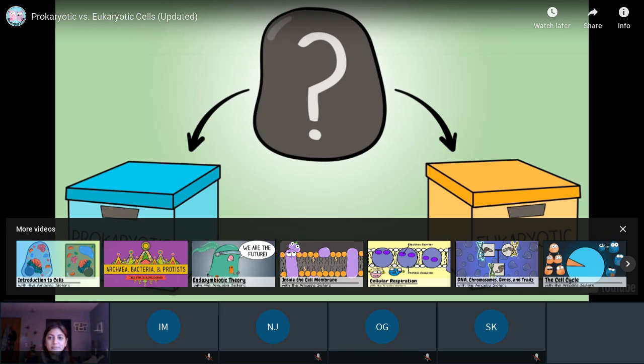But what I would like for us to do real quick is I want you guys to do your best, and I'm going to put you in groups. In your groups, I would love for you to use as many vocabulary words as you can and describe what you've learned so far, specifically answering the question: what is the difference between prokaryotes and eukaryotes?